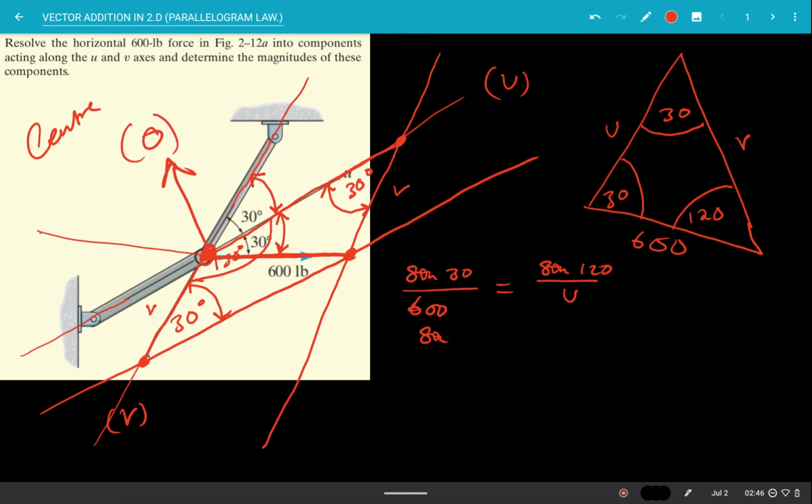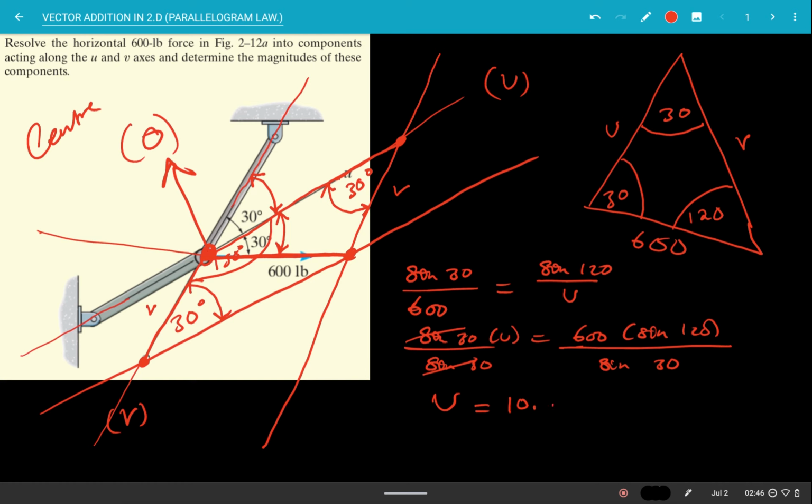This will be sine 30 times U is equal to 600 times sine 120, divided by sine 30 on both sides. U is equal to, if you compute this, you will get 10, sorry, not 10.